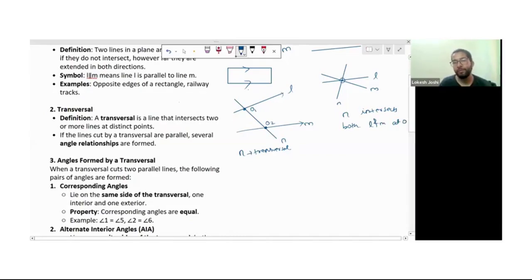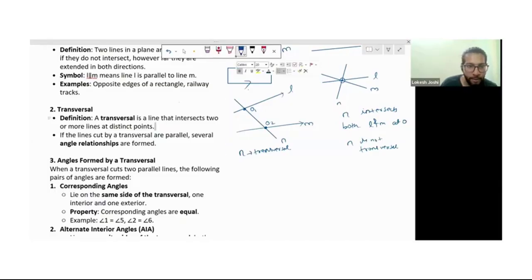But this is the same point, so we say N is not a transversal. The only condition is that the points should be different, okay, distinct, which is the case here. So it's the transversal. Let me read all the other things.